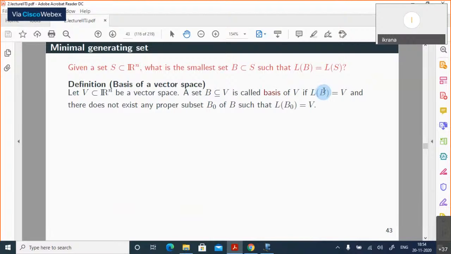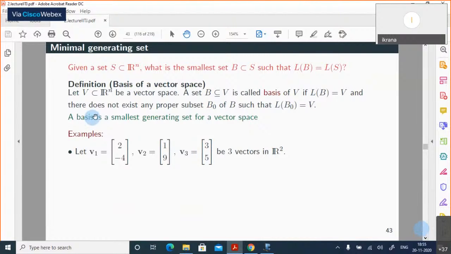That means no proper subset of B will have that property. In that case, this set is called a basis for the vector space. So you can think of a basis as a minimal, smallest generating set of vectors in the vector space.